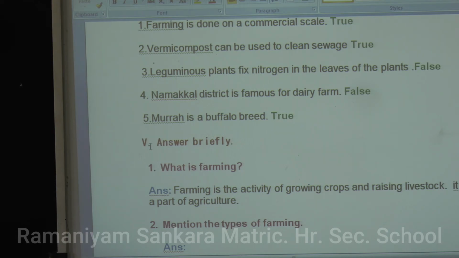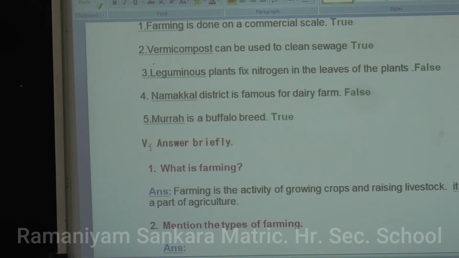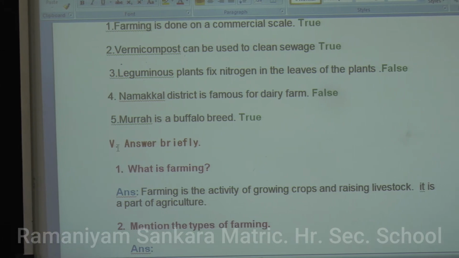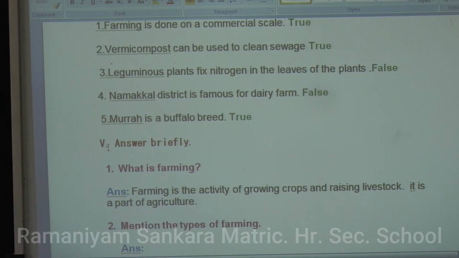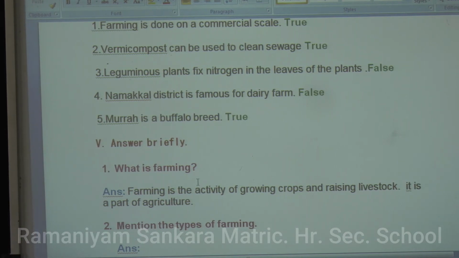Take your classwork, and in it, answer briefly. Dictation words I didn't give, no problem, we can leave that. Put the first Roman letter and write the answers briefly. First question, what is farming? Answer: farming is the activity of growing crops and raising livestock. So it is a part of agriculture.